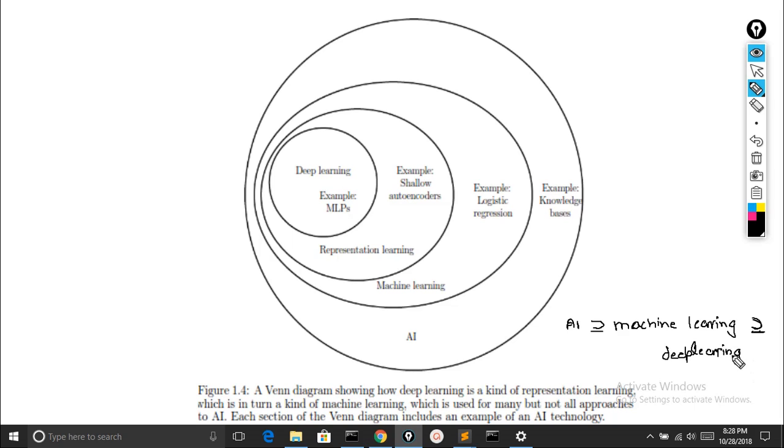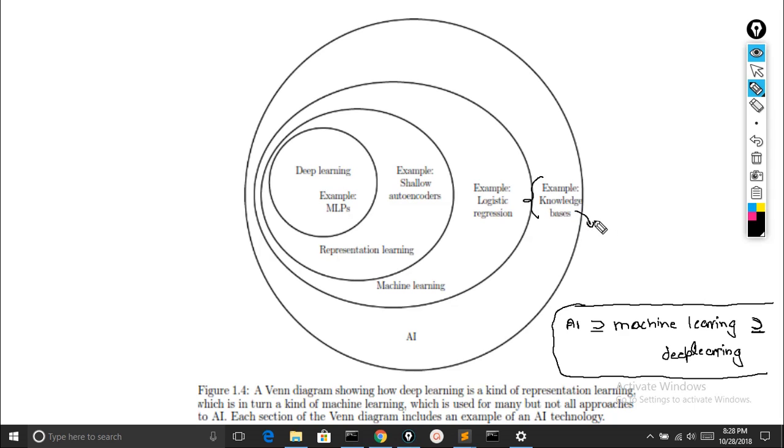So as we can see, they are interdependent, and machine learning is an approach of AI, an approach for artificial intelligence. And just like this, we have another approach, knowledge based systems or the expert systems.